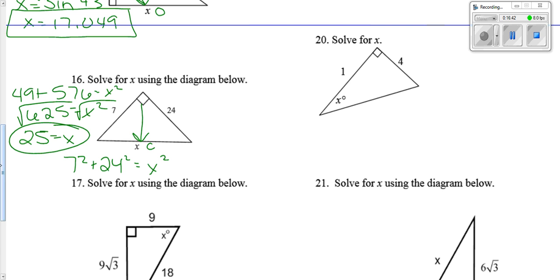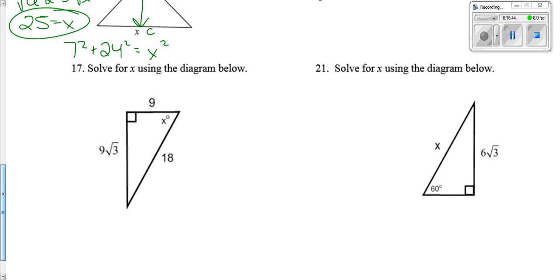Number 17. I'm solving for x. Now, some of you might recognize that this is the pattern for our 30, 60, 90. So this would be 60, but say you don't recognize that. We could solve this using sine, cosine, or tangent again.